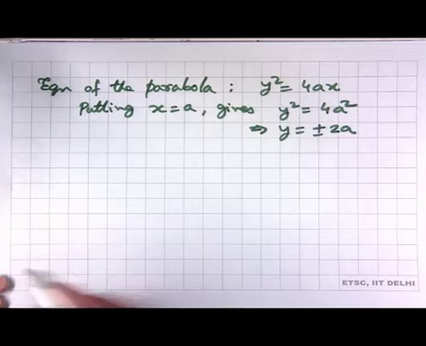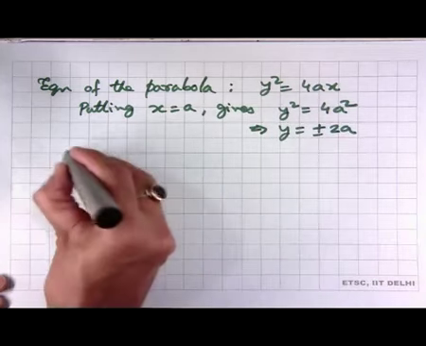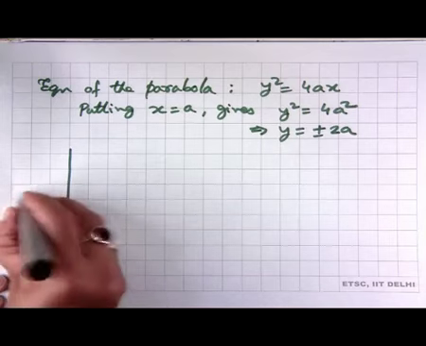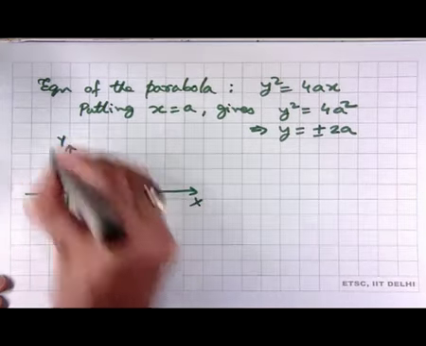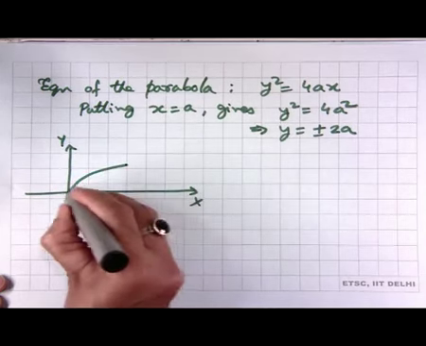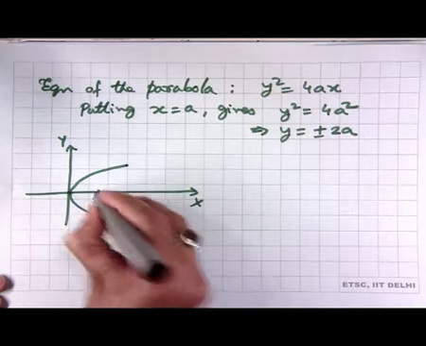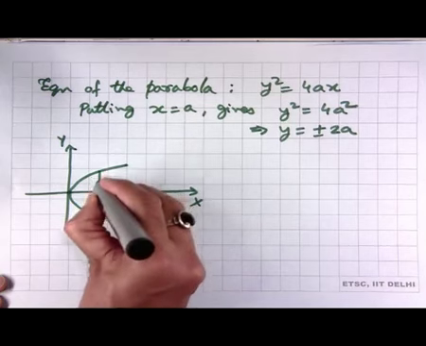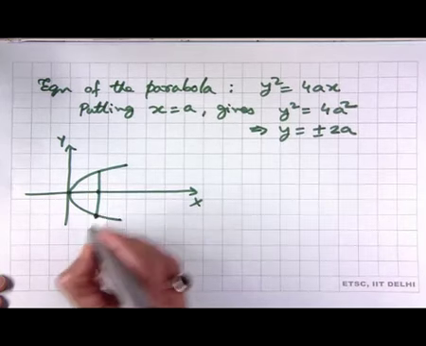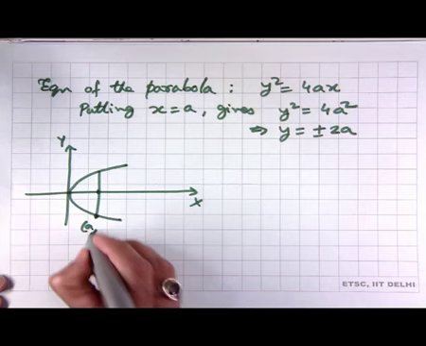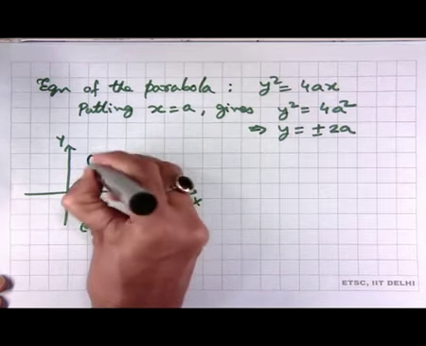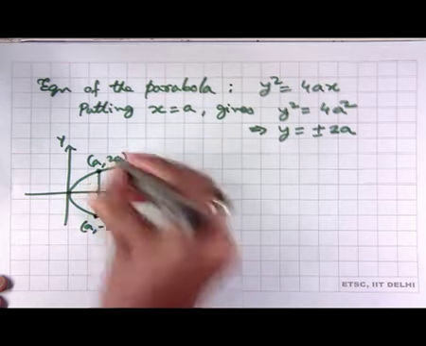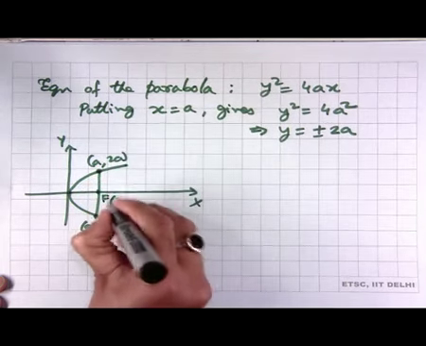So, this point is (a, -2a) and this is (a, 2a), this is the focus (a, 0).